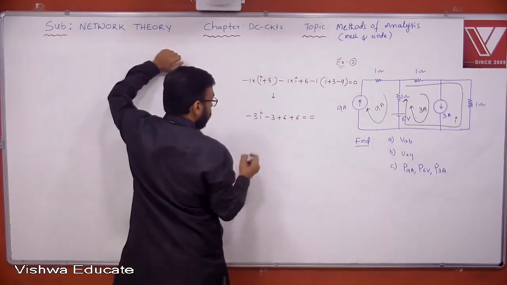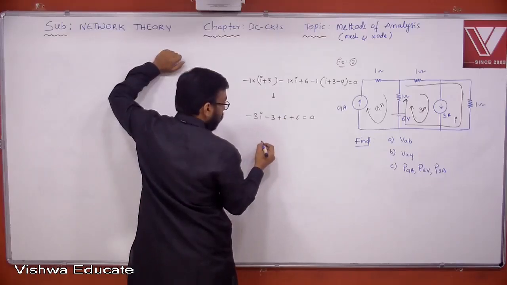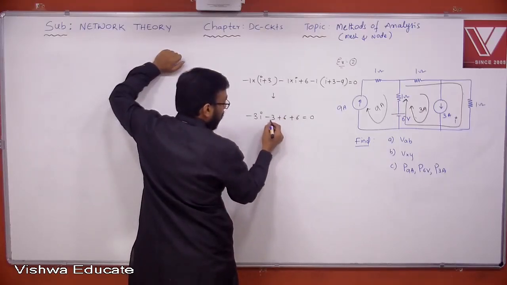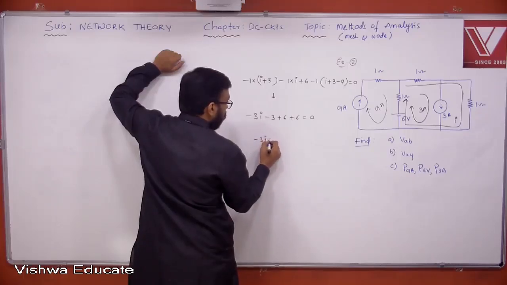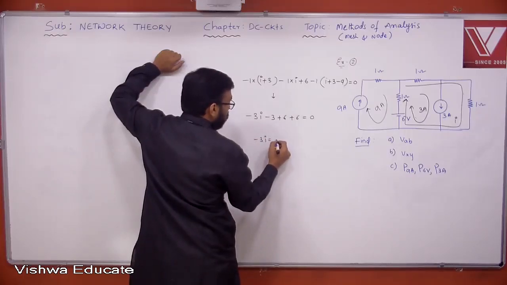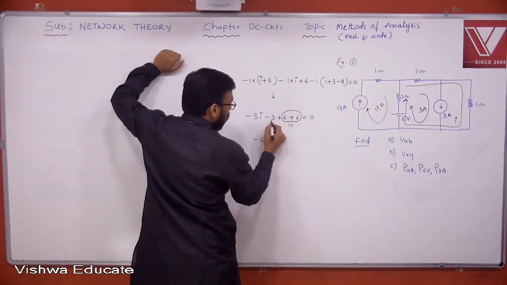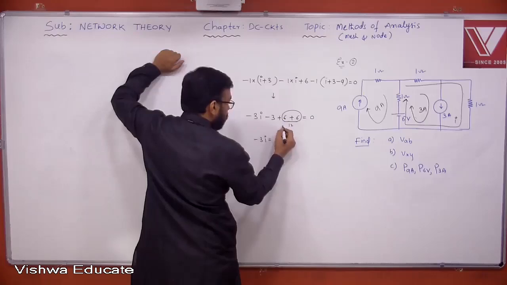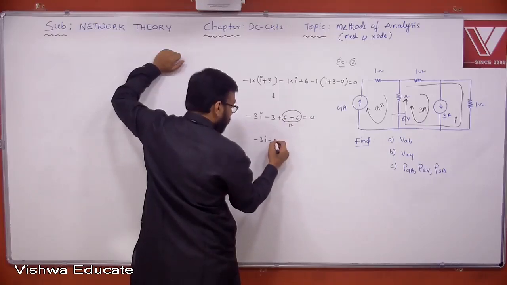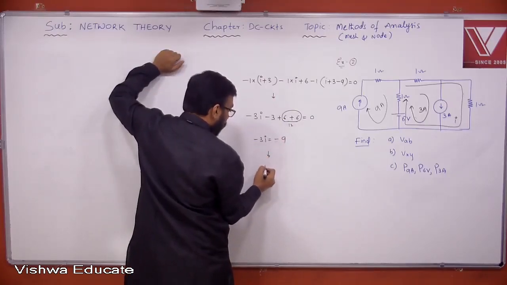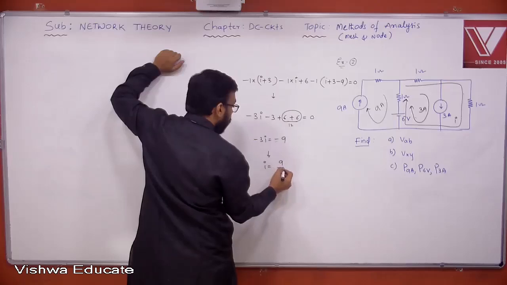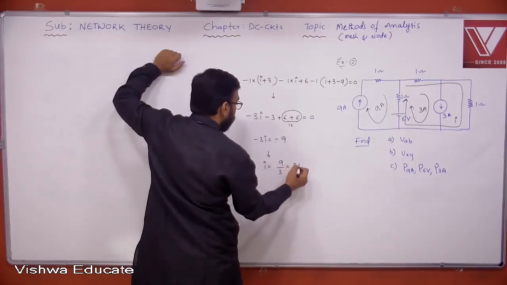So now I think you get 12 minus 3, 9. So minus 3I is equal to 12, that is minus 12. Minus 3 plus 12 is 9. Then outside minus 9. And then you have I is equal to 9 by 3. That is 3 ampere.